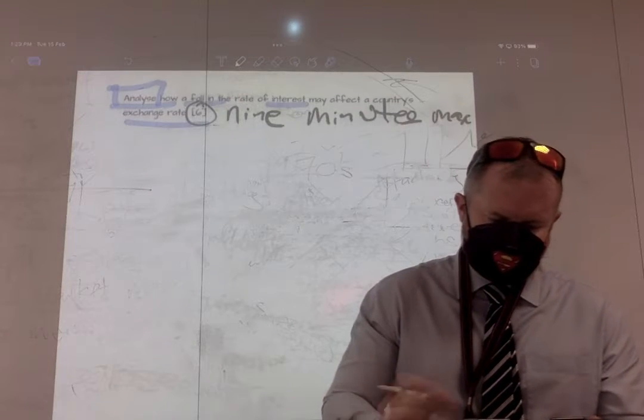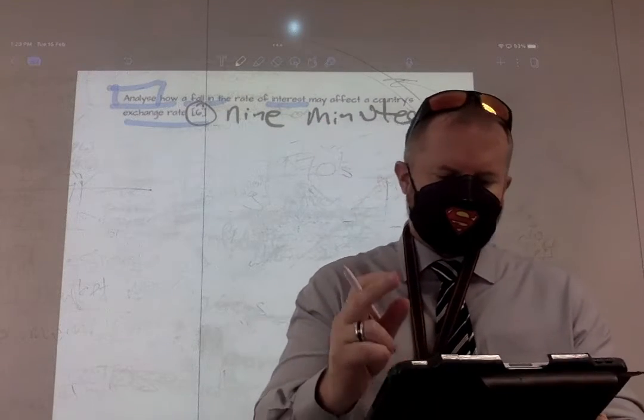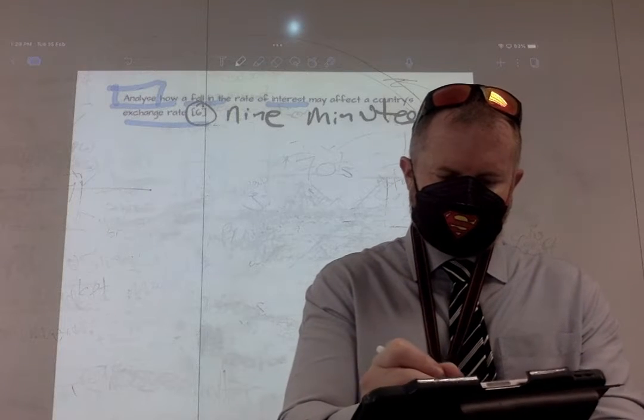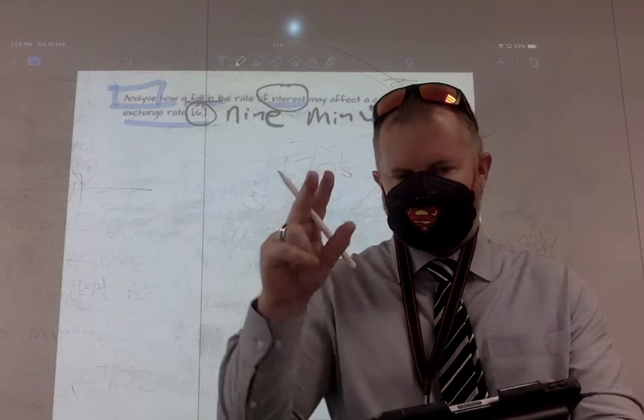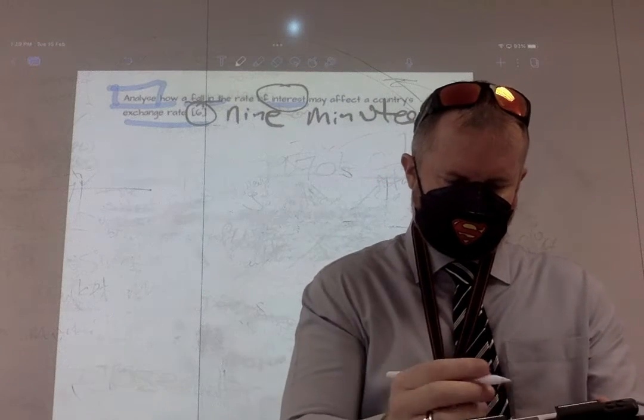and what we need to do with this one is to look at it from the point of view of the interest rates, and if there's a fall in the interest rates, you need to make sure it is the fall, the decrease.